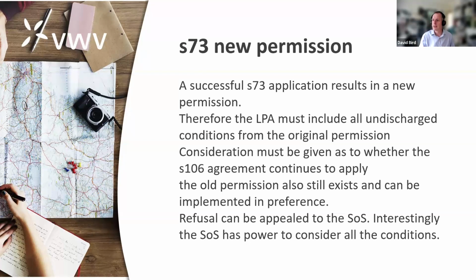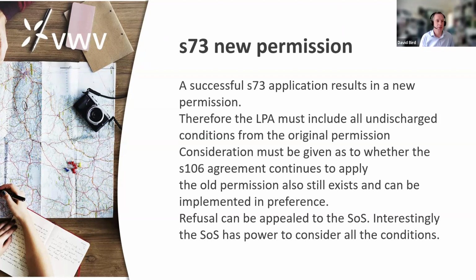Now, there is one little danger in dealing with Section 73s where you've got a refusal and you wish to appeal to the Secretary of State. The Secretary of State's powers are the same powers it has upon appeal for a full planning application. So they have the power to void a planning application. So they can undo the council's original decision.